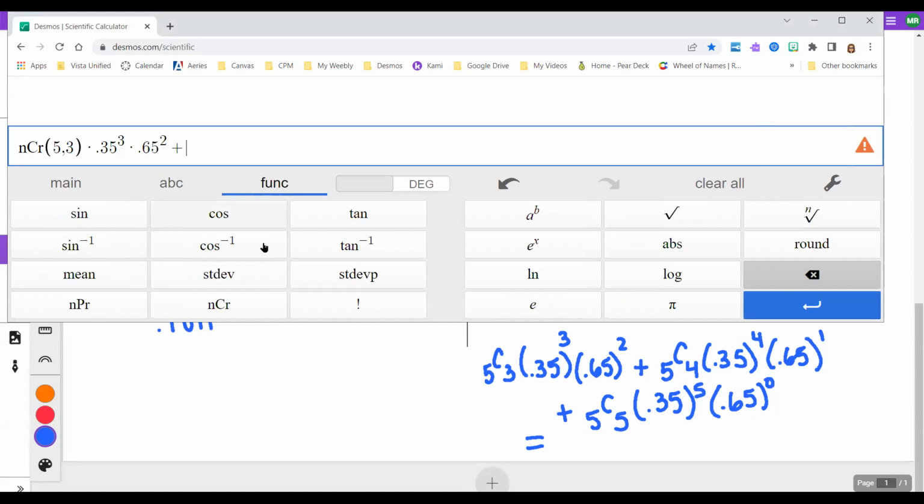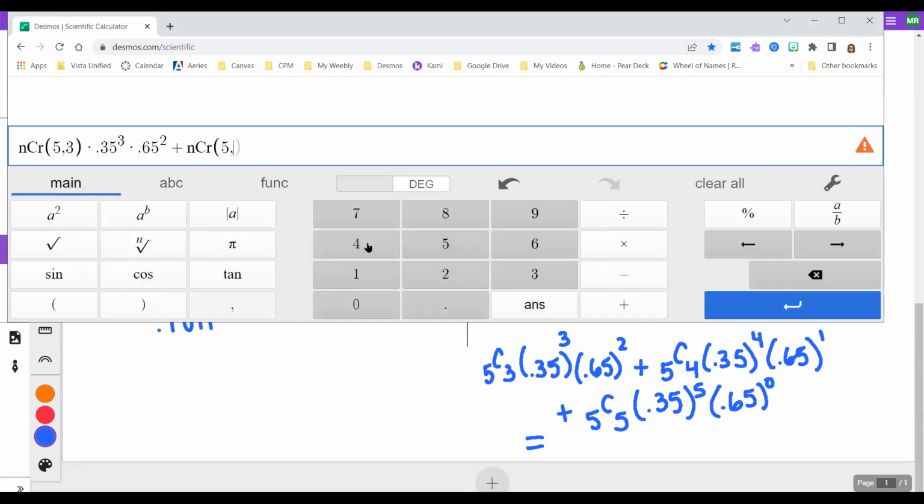So 5 choose 4 times 0.35 raised to the power 4 times 0.65 raised to the power 1, which is just 0.65, plus now I'm going to do the 5 choose 5.